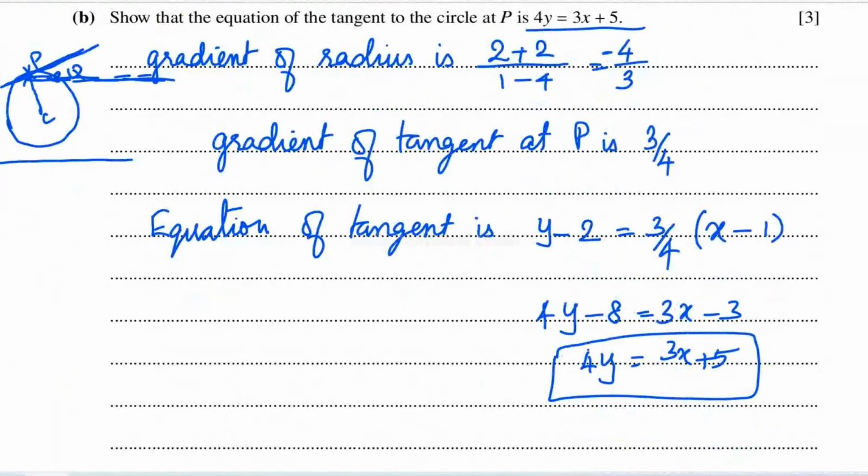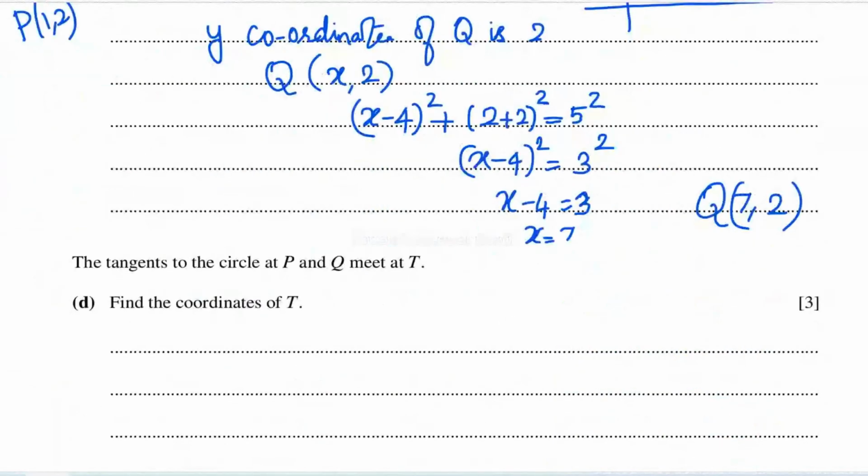Let us calculate the equation of the tangent at Q. So the gradient of the line CQ is 2 plus 2 divided by 7 minus 4, which is equal to 4 over 3.